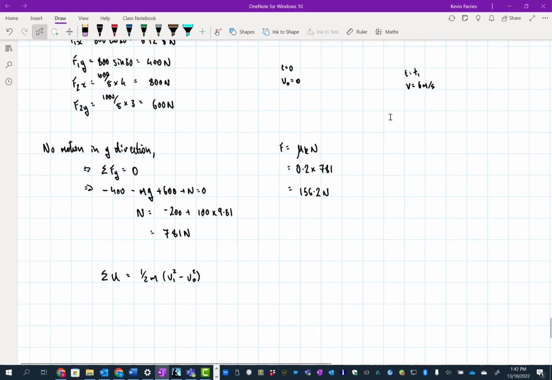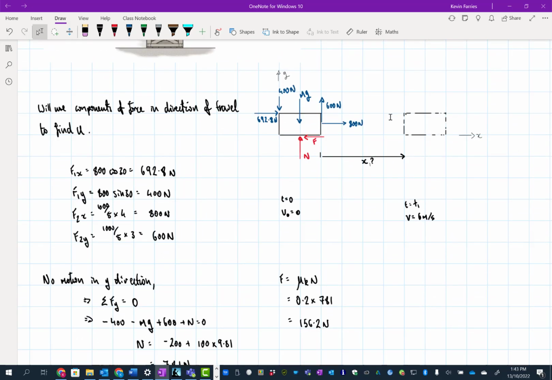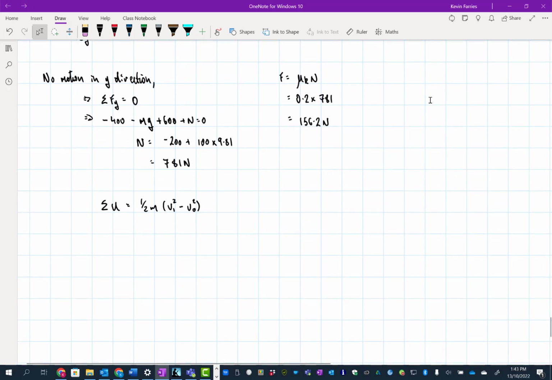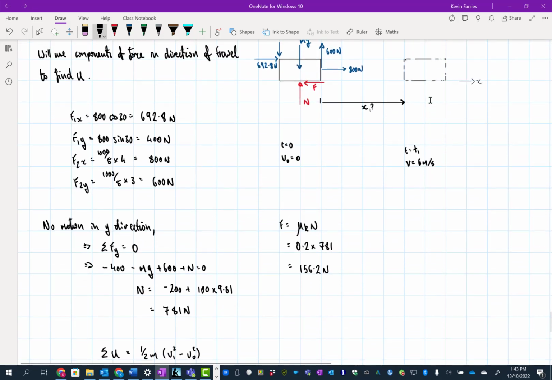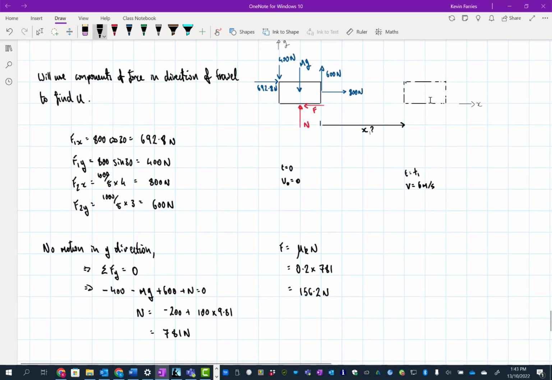Let's get the sum of the work done by all the forces first. So that's 692.8, this force here, is in the same direction as the displacement, so we are going to get 692.8 times, we don't know what that displacement is, times x. What else have we got going on here?